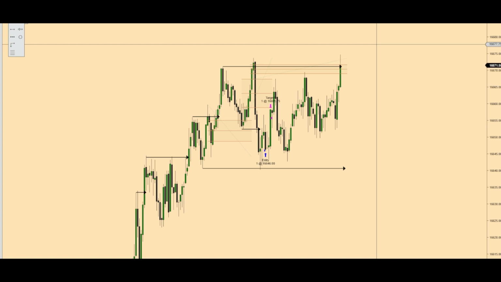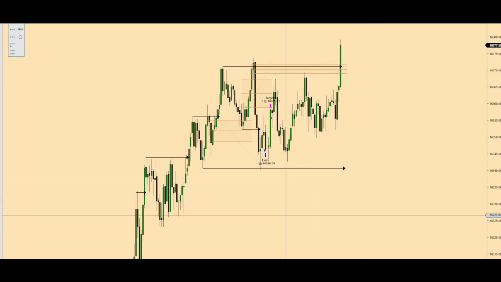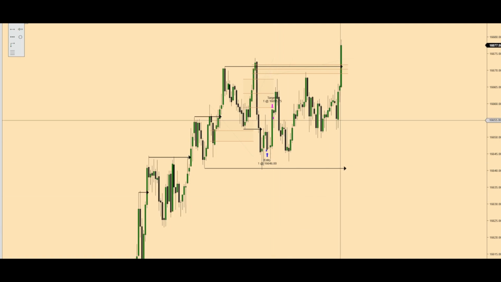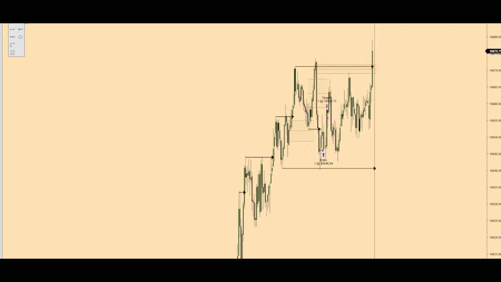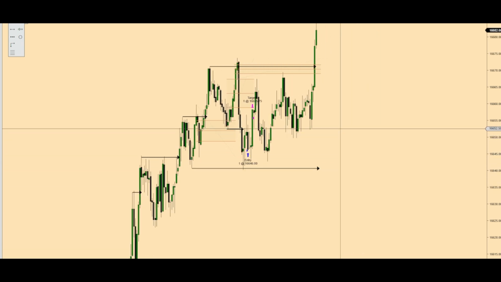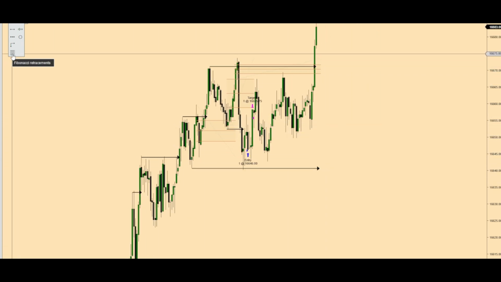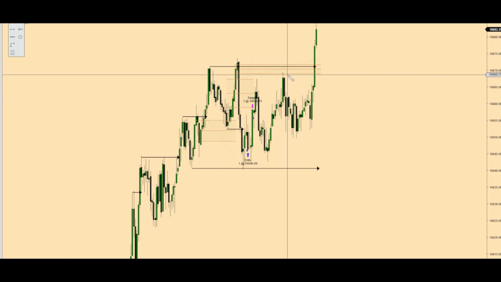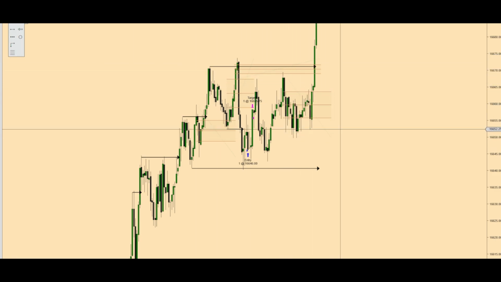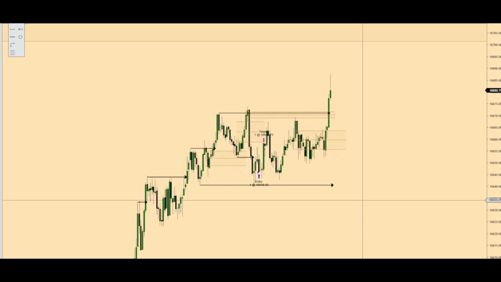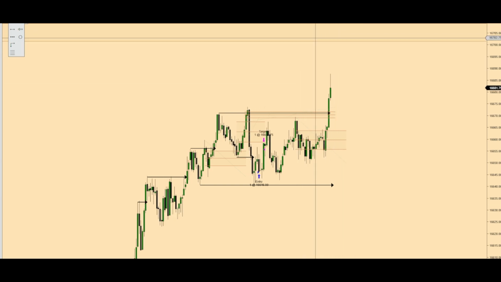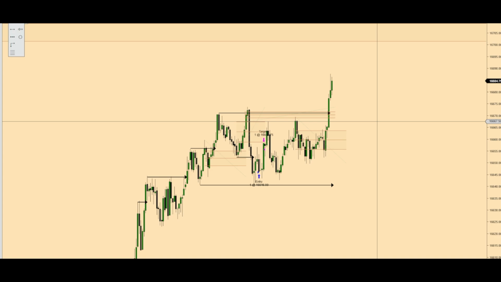Let's see. Ooh. Big candle closure. All right, so we broke out the range. Now I'm looking for a trade back in. We're almost to that 60-minute zone that I marked out earlier.